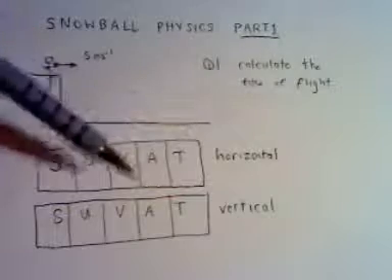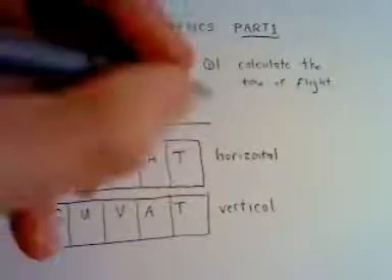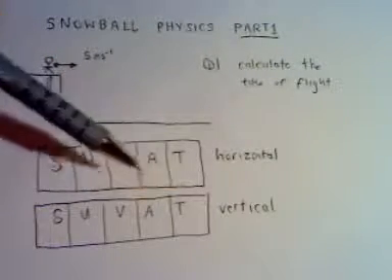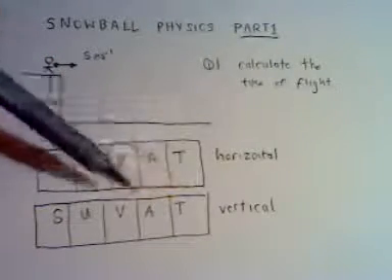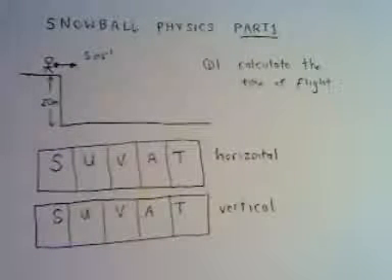Although it takes a little amount of time, it's worth spending the time drawing these grids out. Otherwise it's more likely that you will confuse the horizontal and vertical. So we've drawn our grids out there.